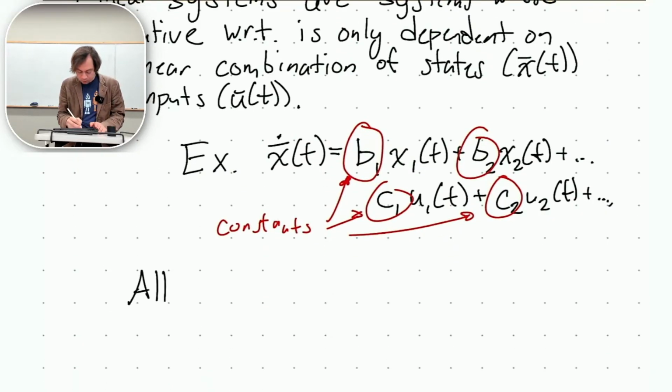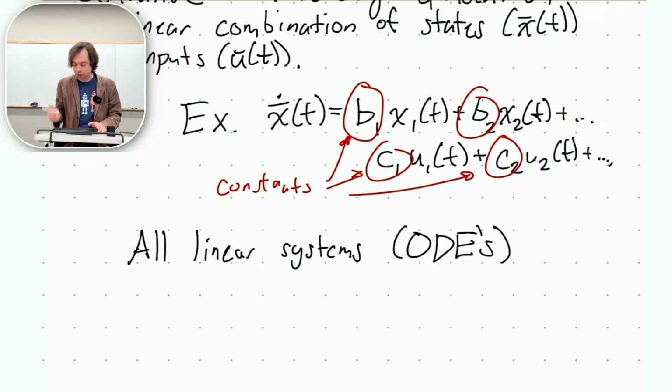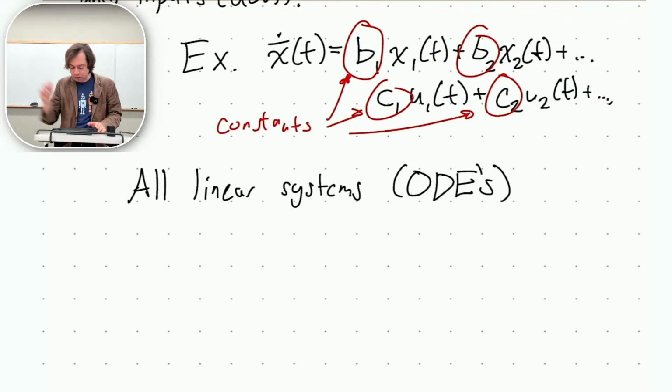So all linear systems, particularly we're going to talk about of ODEs, ordinary differential equations. So let's not talk about your partial differential equations. Okay? All right.